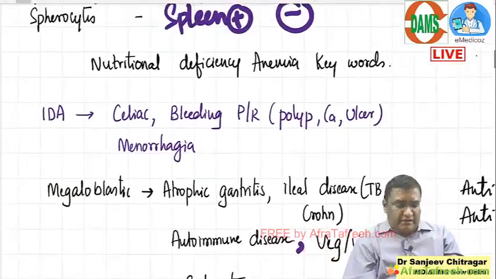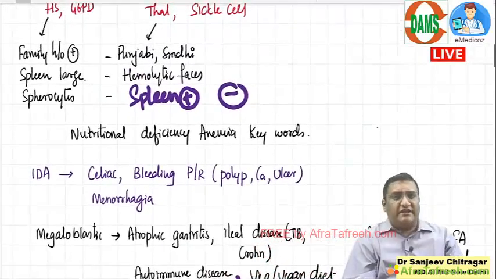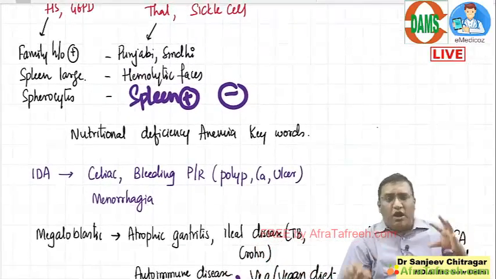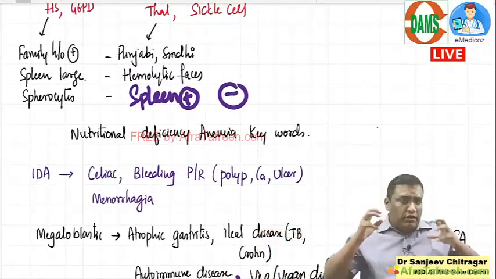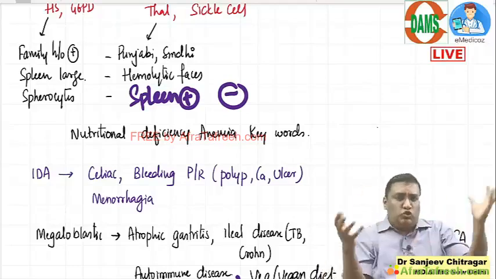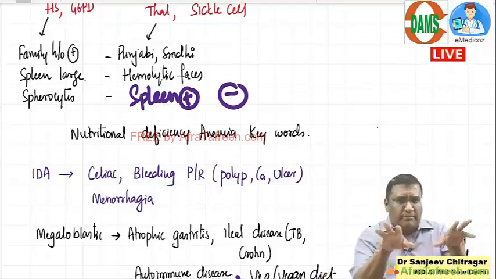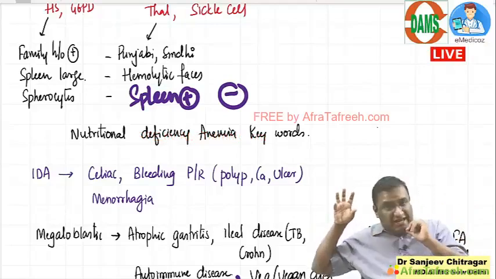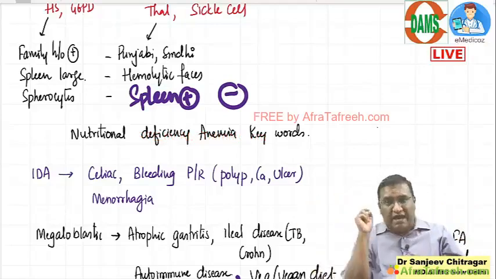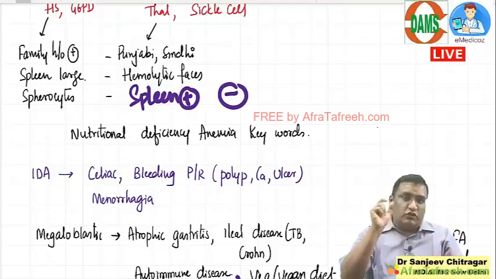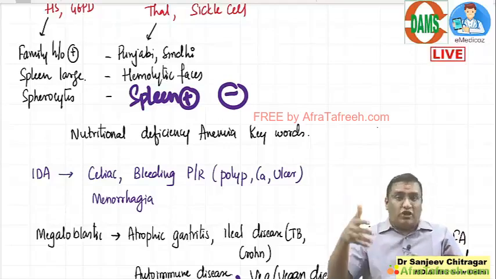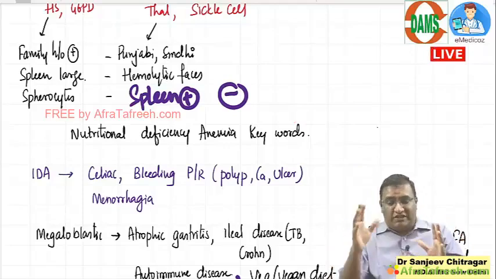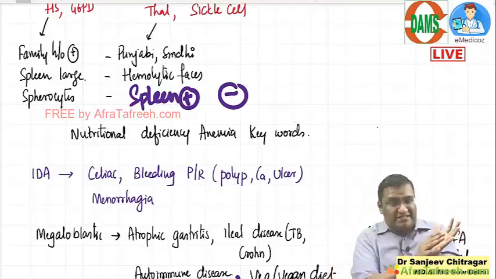So basically what I have done here is I've started thinking like an examiner. So how will the examiner end up giving you different clinical scenarios, with a little bit of twists? Do not fall into the wrong keywords that the examiner will give. So the idea for the keyword will always be: first look at the last line of the question, look at the options, then you will know you have to differentiate between B12 deficiency, folic acid deficiency, or IDA.